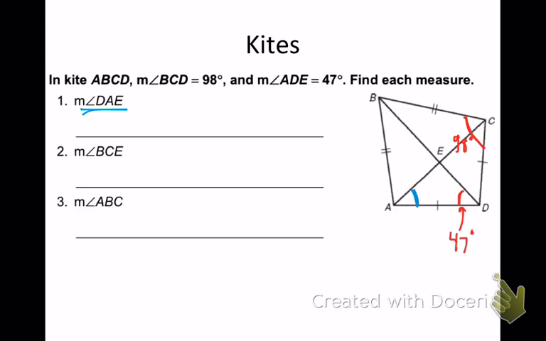Now some of you look at that and go, I have no idea, not a lot going on there. We have to remember some of the properties about a kite. What do I know about the diagonals, where they intersect? 90. They intersect at 90 degree angles, right? So do we all agree this has to be 90 degrees right here? What type of triangle do I have right here? Don't I have a right triangle? Yeah, I have a right triangle here.